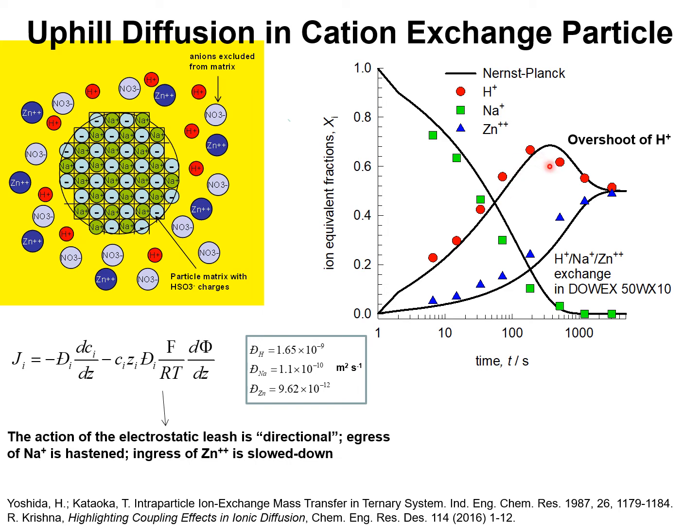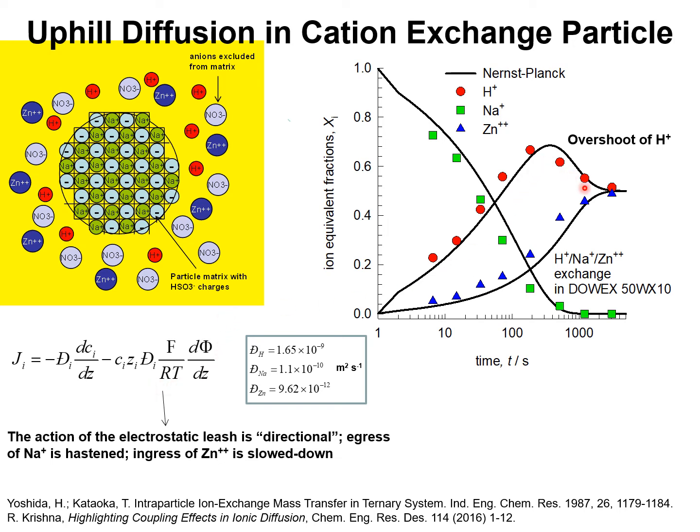We note that the experimental data show an overshoot in the ion fraction of H plus before it equilibrates to a value of 0.5. The continuous solid lines are the simulations of the transient uptake using the Nernst-Planck equations for describing the ionic fluxes.